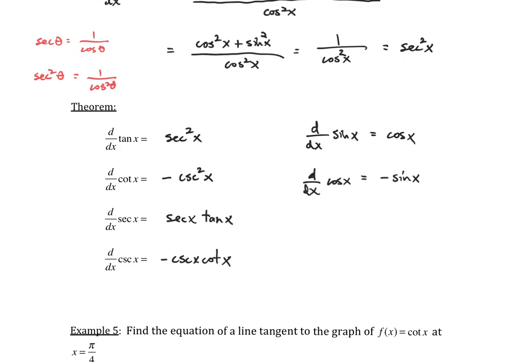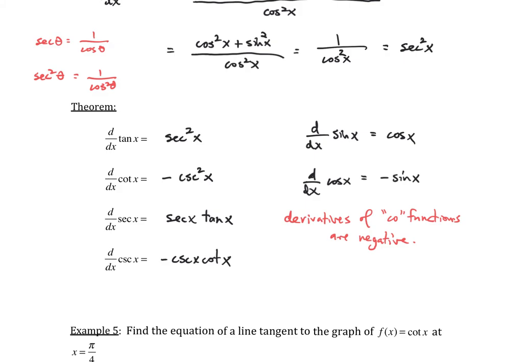Let's write that down. Derivatives of co-functions are negative. That's the first thing I want you to notice.